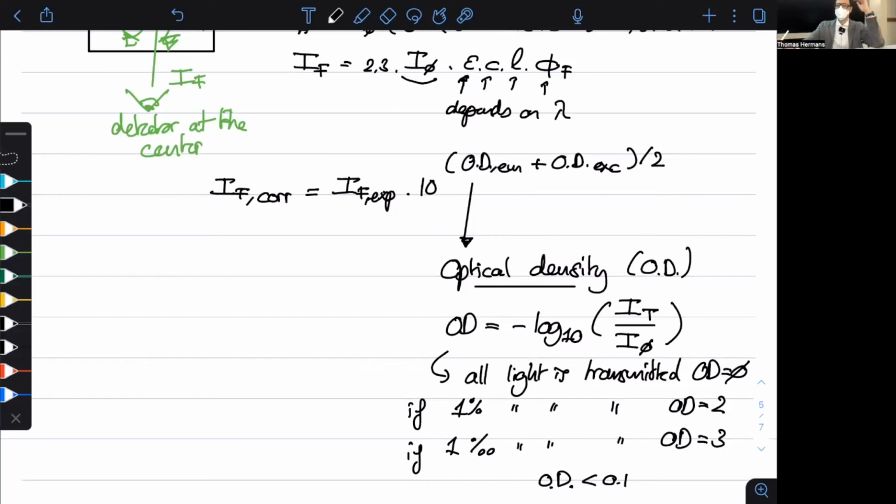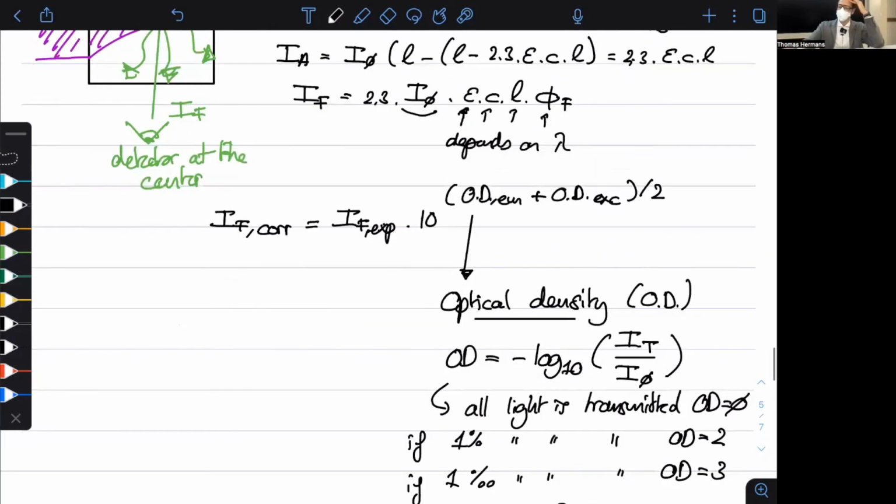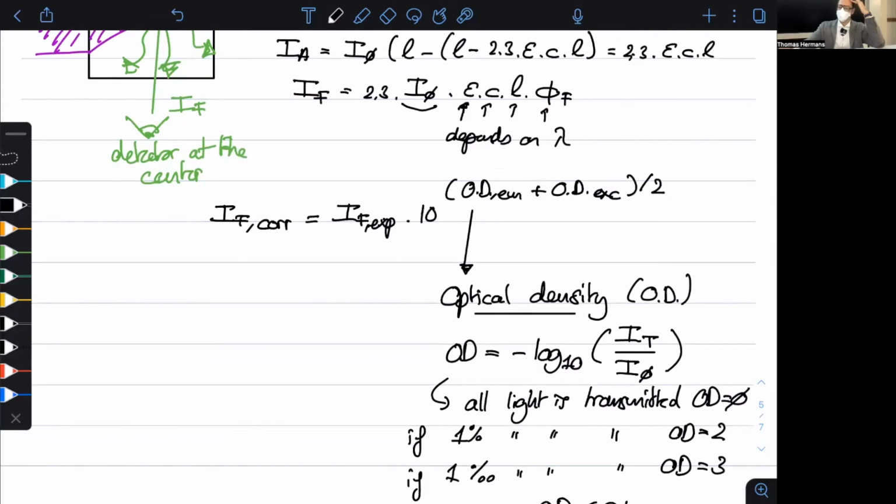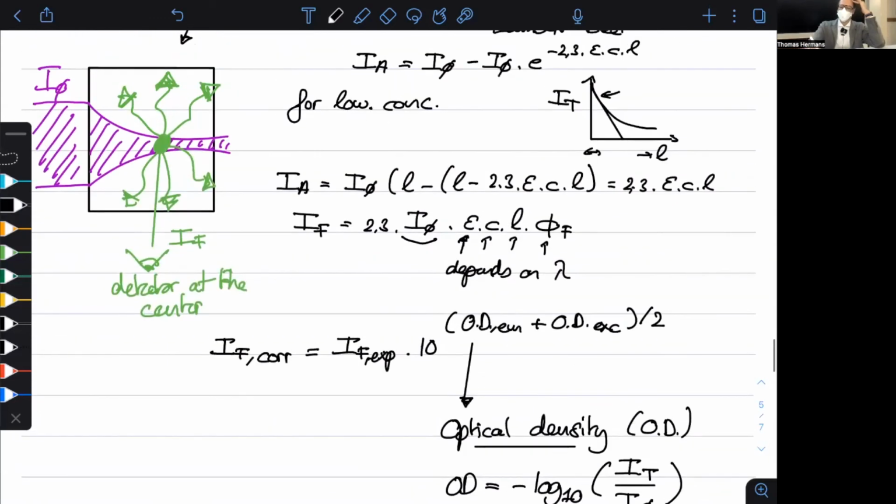Because let's look at optical density 2: all the light intensity decreases because it's absorbed when you go through the cuvette. So you will get a very non-homogeneous illumination of your sample here. And then when the sample emits, it has to go through half of the cuvette to go out. So if the concentration is too high, your emitted light will be reabsorbed by your dye or by your chromophore, fluorophore, and that will actually be a problem.